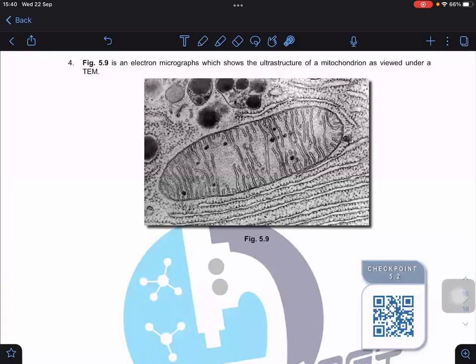The function here is very important because they have a lot of enzymes, the circular DNA and also the 70S ribosome, not ATS, 70S ribosome. Okay, so with this, I have done the first part of today's lesson. Do you guys have any questions so far?